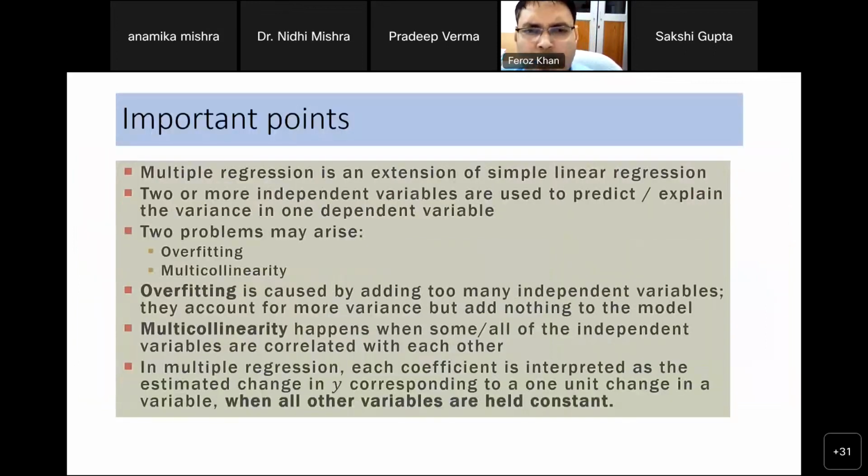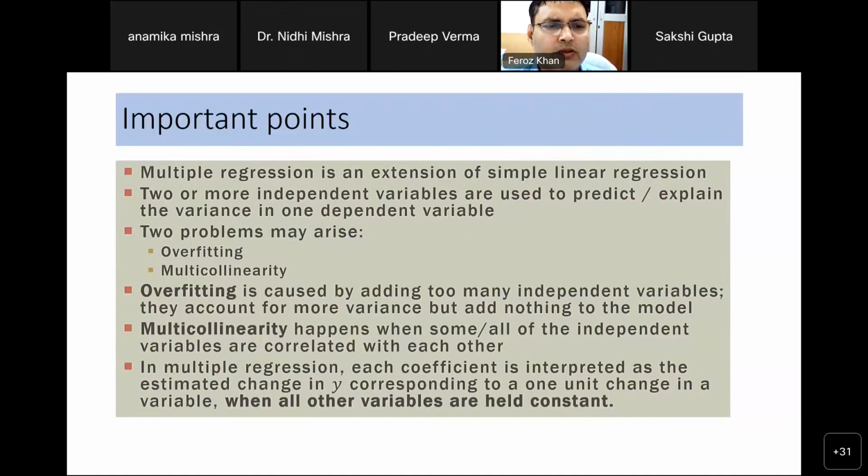One more important point for those willing to do research work in this area: always keep in mind that multiple regression is an extension of simple linear regression, so start with simple linear regression first and then go for multiple linear regression.